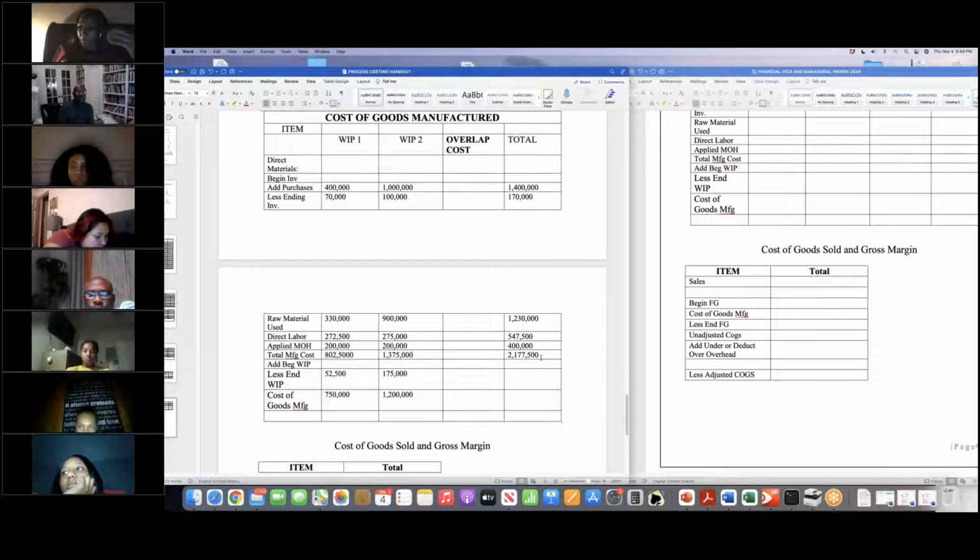I'm going to take your word for it. The ending work in process, if we add these together, how much is it? 227,500. So we subtracted out how much we transferred. 1,950,000.